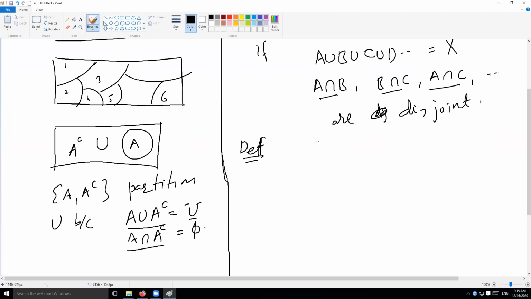So here's the way. It says imagine you have a set.